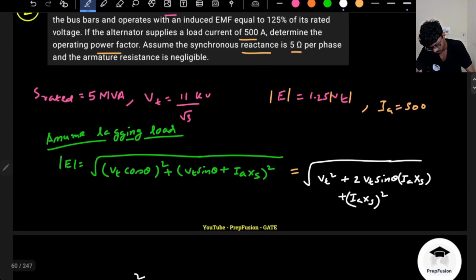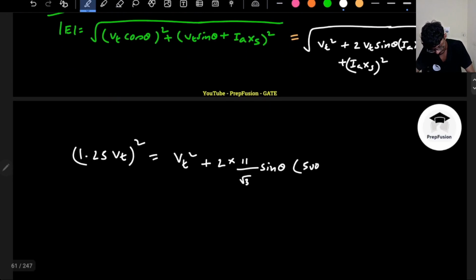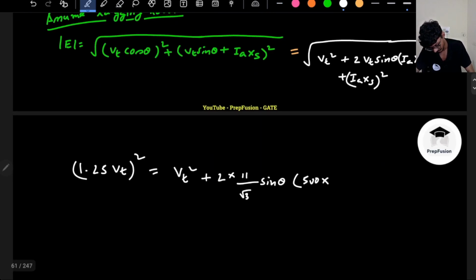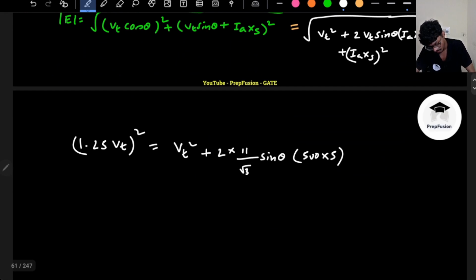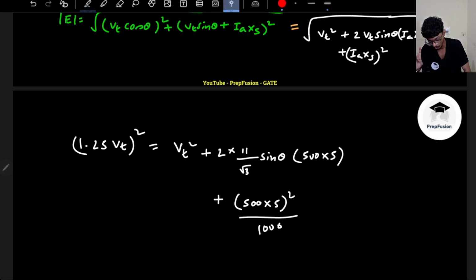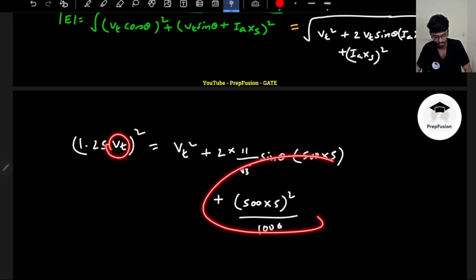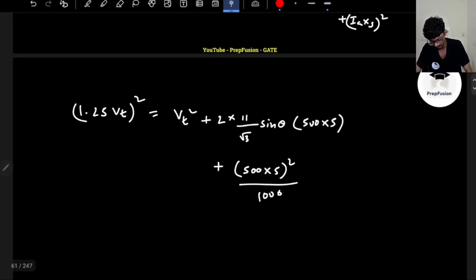Ia is 500, Xs is 5 ohms, and I divide by 1000 because I have to keep all the quantities in kilo. Vt is also in kilo only. Just be careful regarding that.